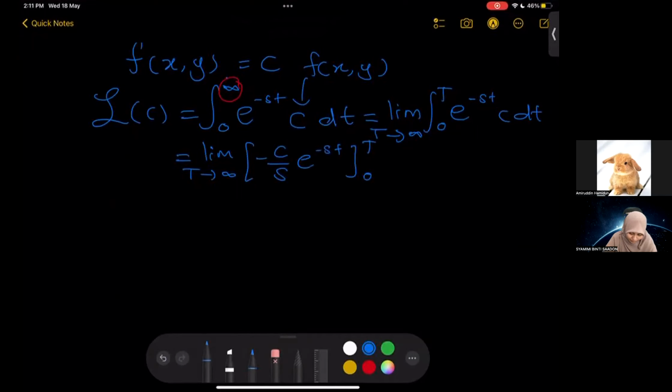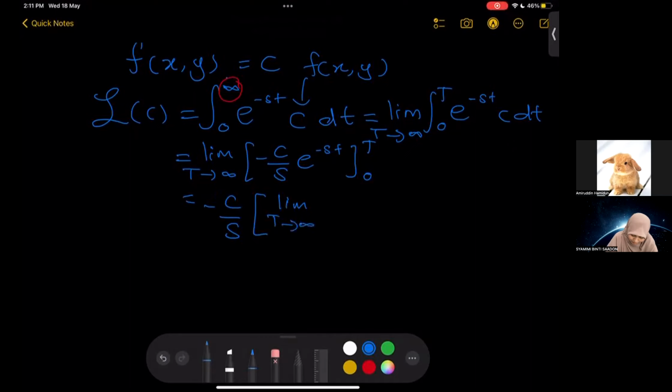So if we put it inside the integration, we let the constant out of the brackets.